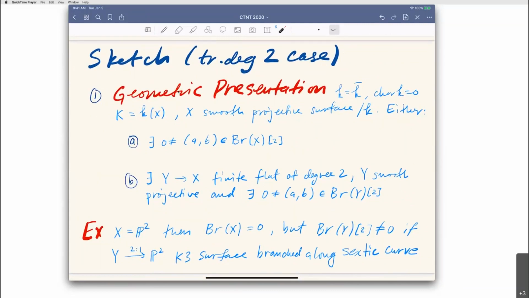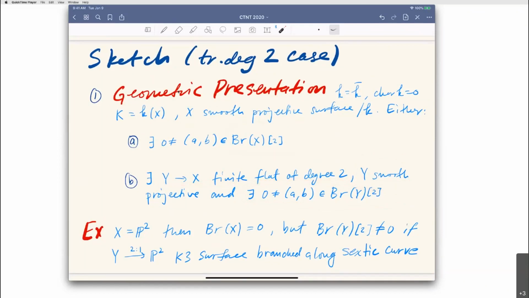So first, we prove some kind of geometric presentation lemma, which says that if we have our function field, and it's the function field of a smooth projective surface, say, then either that surface admits a non-zero unramified quaternion algebra, so an unramified two-torsion element in the Brauer group of this surface, or, if not, for example, projective space P2 does not have any unramified quaternion algebras, then there exists some finite flat double cover Y, where Y is smooth, projective, and there does exist a non-zero unramified quaternion algebra on that Y.